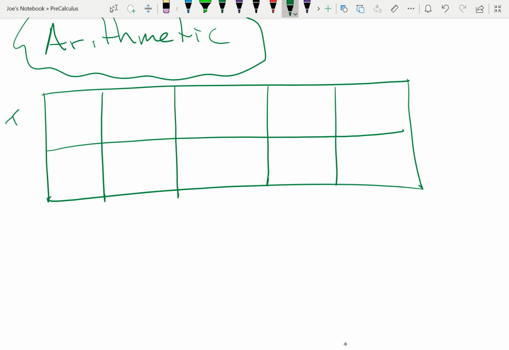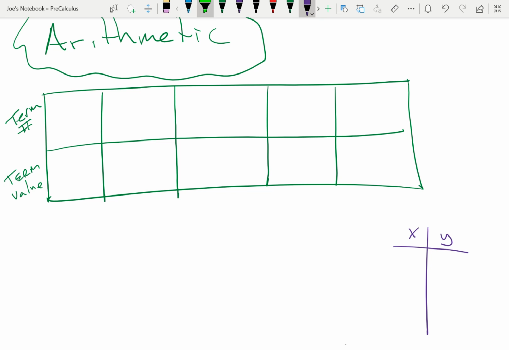The first row is the term number, and this row is the term value. I'll keep the corresponding linear thing down here in purple: this is going to be X and this is going to be Y, my input and my output.